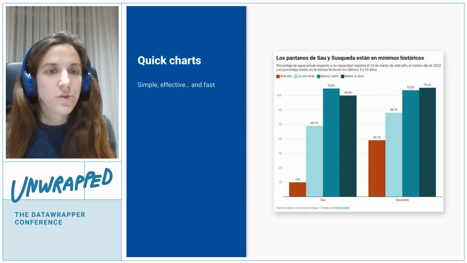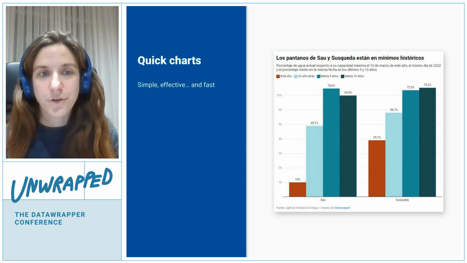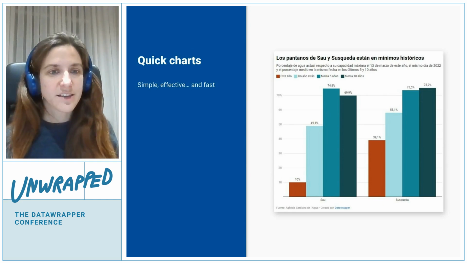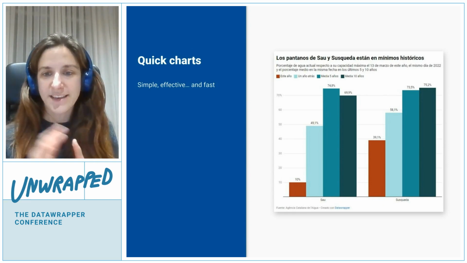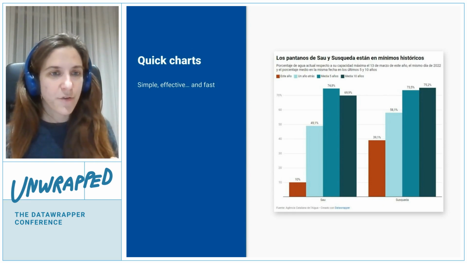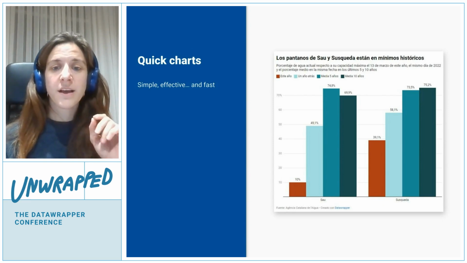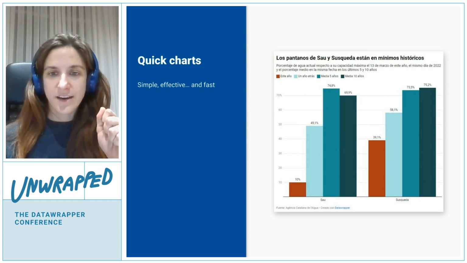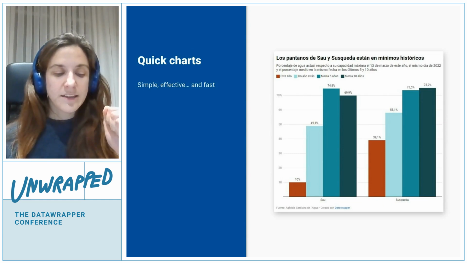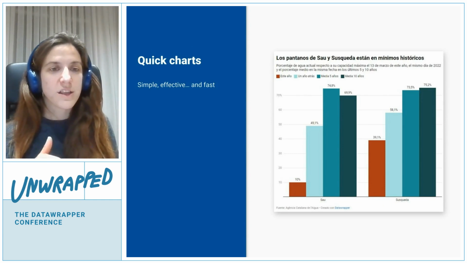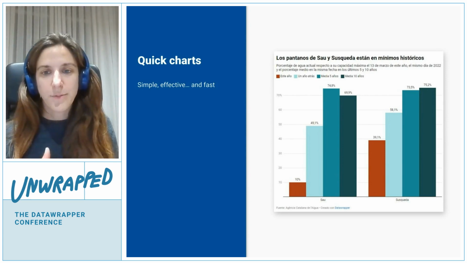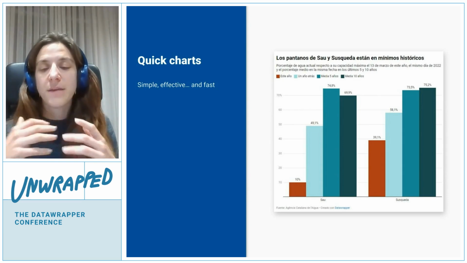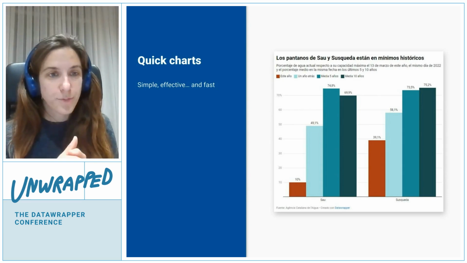First of all, we use Datawrapper for quick charts. They are simple, effective, and fast. So there's a request from the newsroom. They have a data table, and the only decision we have to take is which chart type to use. Maybe a line chart, maybe a bar chart, maybe a dot plot.